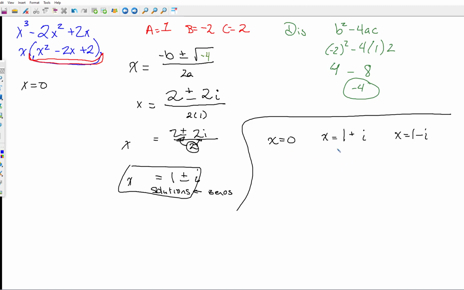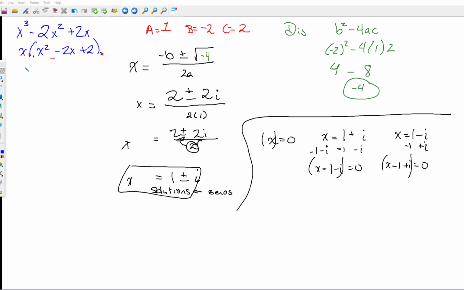And that means that if I get everything on the same side, x minus 1 minus i is equal to 0. And so x minus 1 plus i is equal to 0. So that gives us our parentheses. And so that means our factors are x times x minus 1 minus i and x minus 1 plus i.